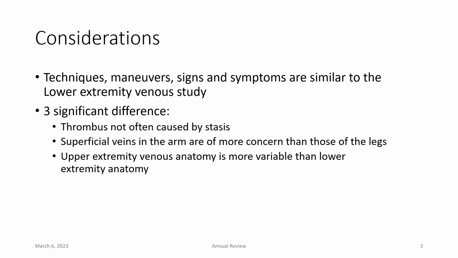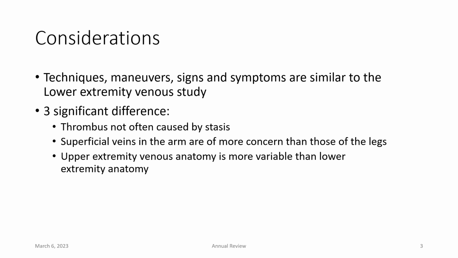Well, in the upper extremity, because it's rare that our upper extremities are very static for very long, as well as that we don't really have any of those sinuses to originate clots in, we're going to find that it's quite a bit less common to find a clot caused by stasis.